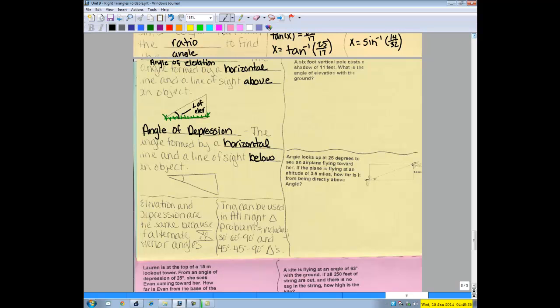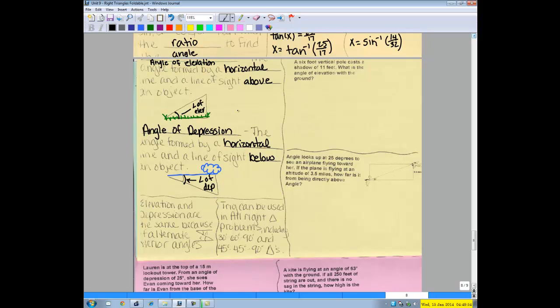So if you're up in the air, there's some clouds up here, and you look down below, like if you're in an airplane or something, this angle right here would be your angle of depression.